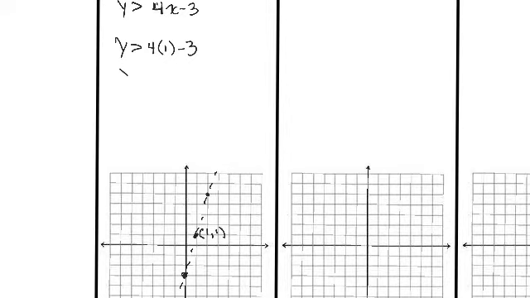So what we're saying is y is greater than 4 minus 3 is 1. Well, is 1 greater than 1? No, it's equal to it, but it's not greater than it. So that's why 1, 1 is not a solution. So we use a dashed line to say we're not including the data on this line.